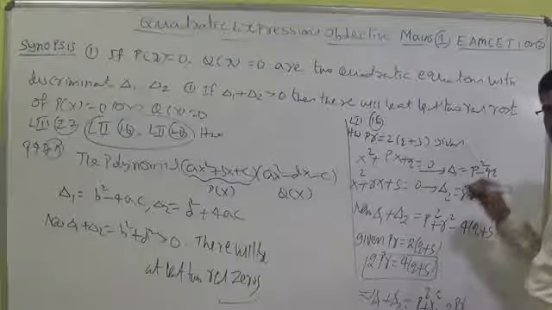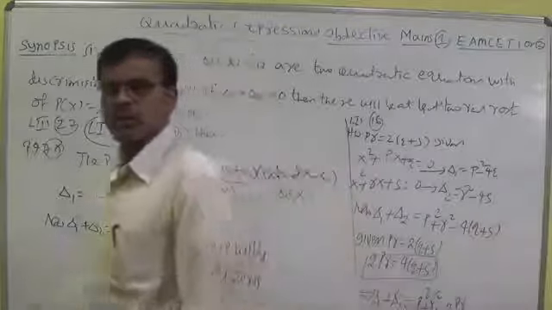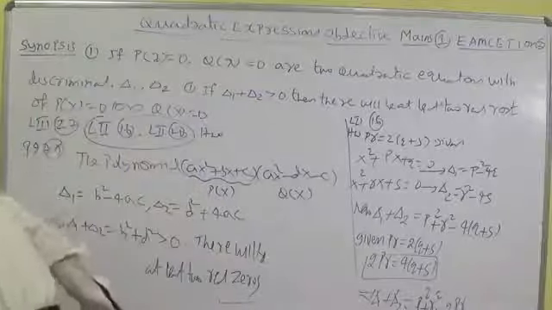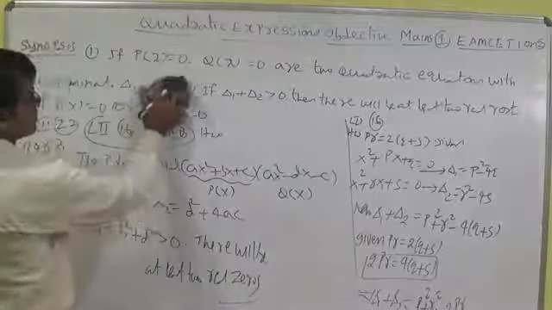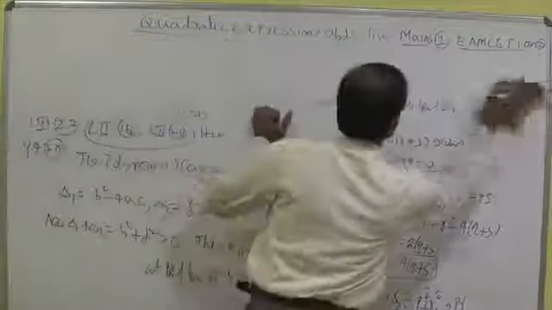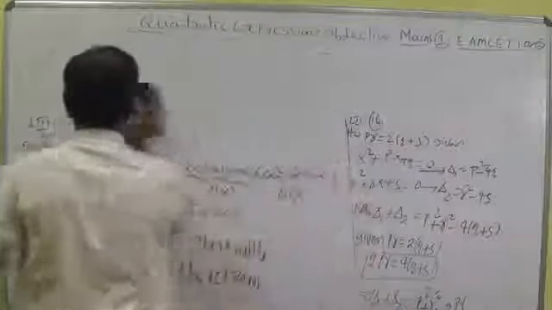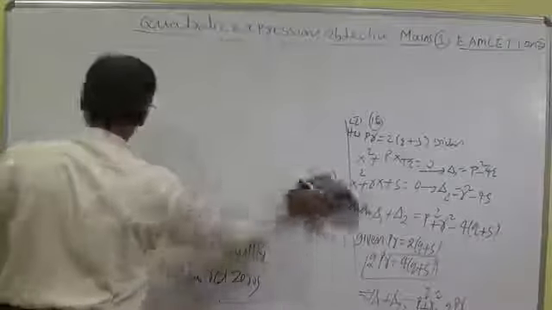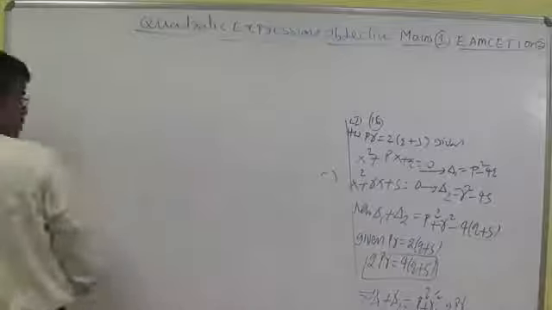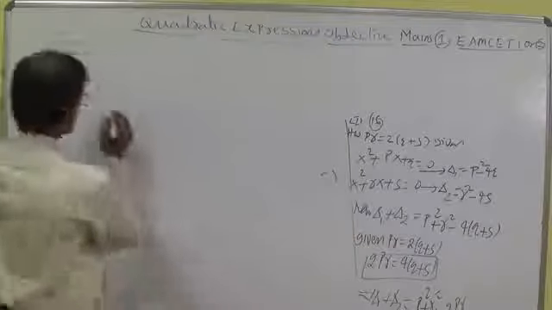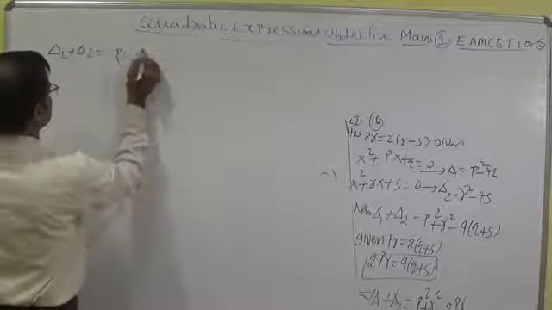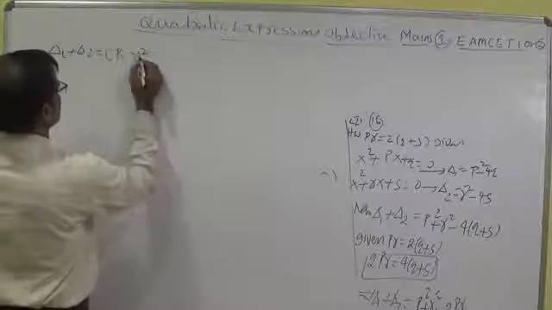Using the a square plus b square minus 2ab concept, the (a minus b) whole square formula, it becomes (p minus r) whole square. So delta 1 plus delta 2 is equal to (p minus r) whole square.